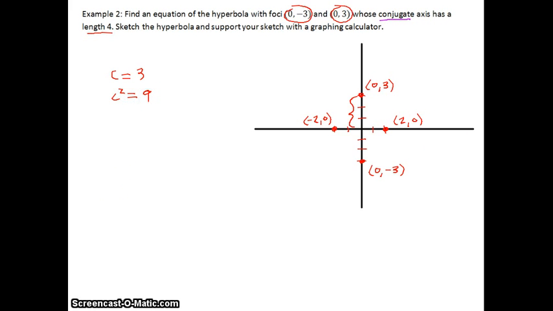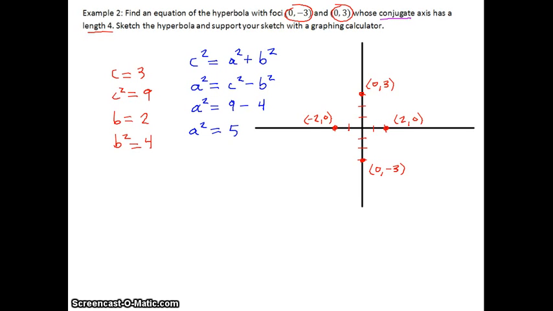And the b is the distance from the center out to an endpoint here. That means that b is equal to plus and minus 2, which means that b squared is equal to 4.